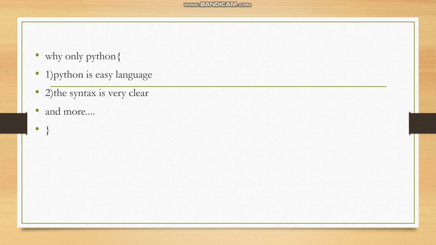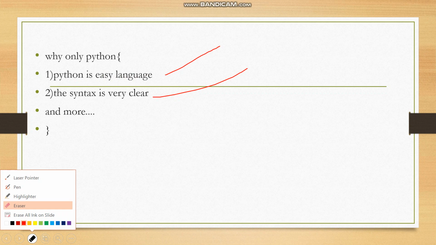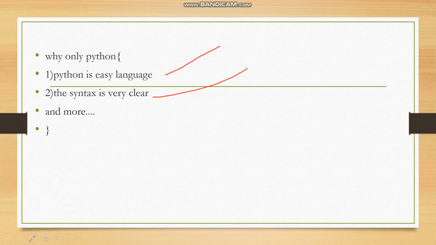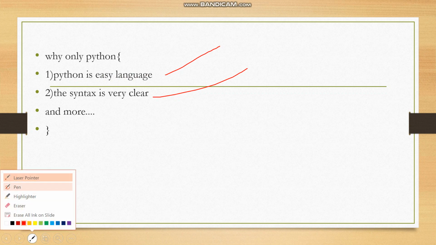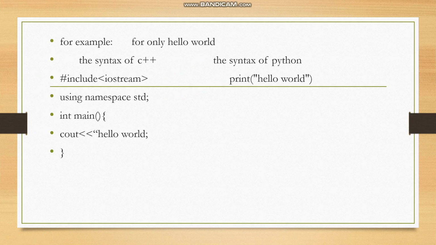Now we can do many things with Python, but its code will also be hard, no? You will think like that. But Python is a very easy language compared to other languages.